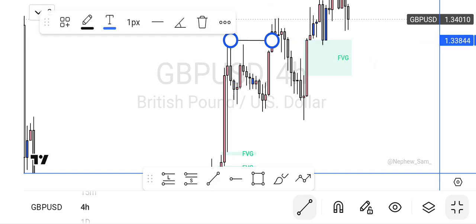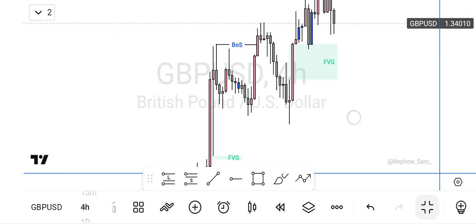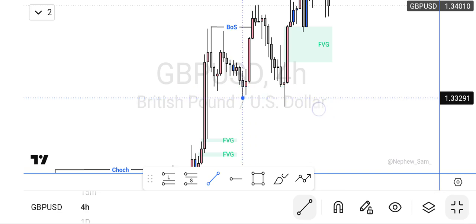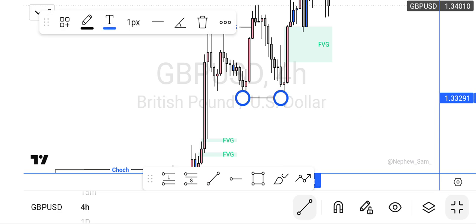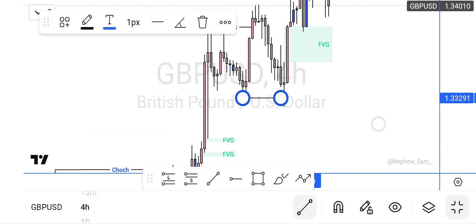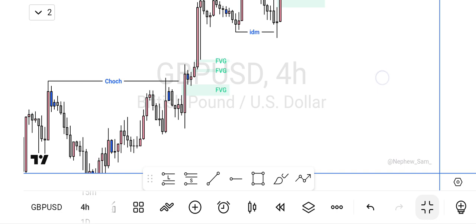We are expecting price to come down here to take out this low, which is our inducement. Price did take out the inducement, but it did not come back for our key level.